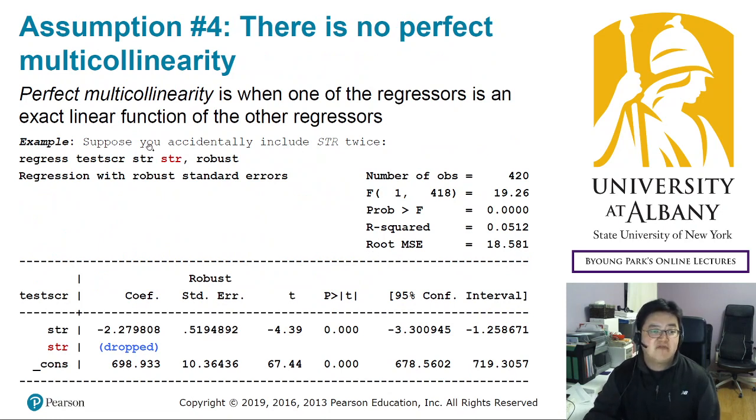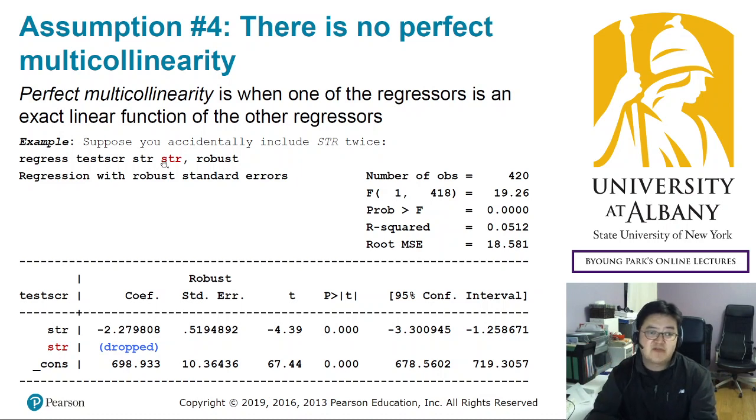It's an obviously wrong model where you regress test score, the outcome, on student to teacher ratio, but you by mistake included student to teacher ratio twice, or in your data 2 variables were actually the same.